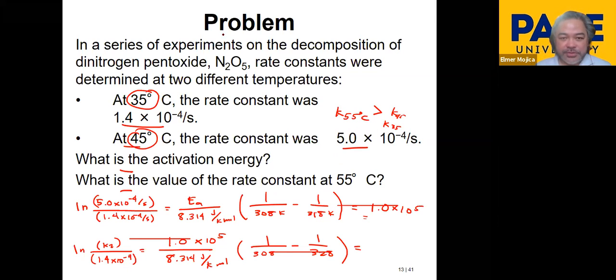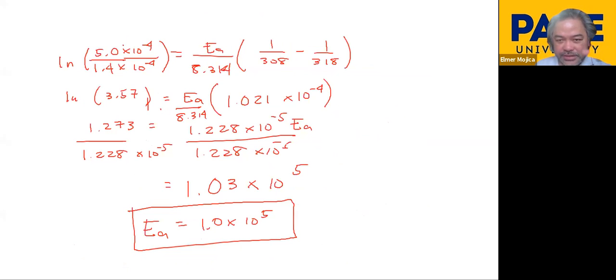And if we want to solve it, we can solve it. I'm going to get another whiteboard here. So I'm going to clear this, and then we're going to work with the new one. So you have here now the ln of K2, and then I use 1.4 times 10 to the negative 4 per second.